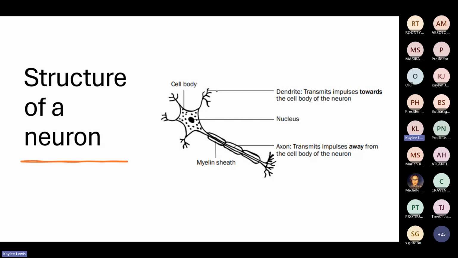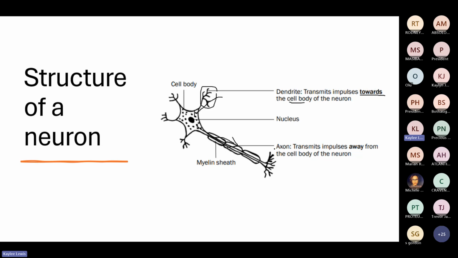So we've got our dendrites over here, which would receive the impulse and take it towards the cell body. We've got our cell body over here with the nucleus. So the impulse goes in, and then the axon is going to take it away from the cell body.